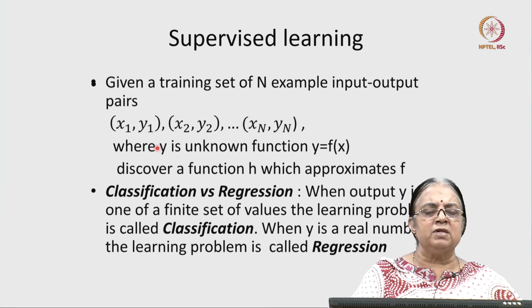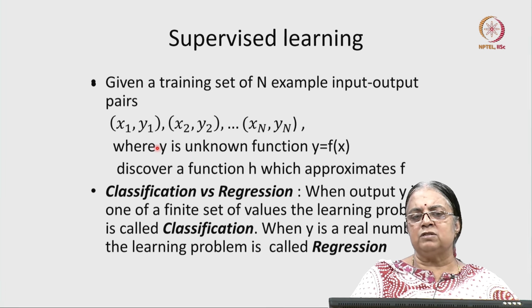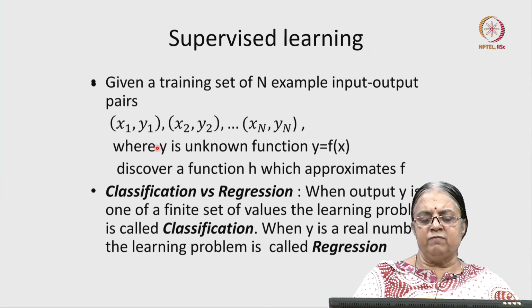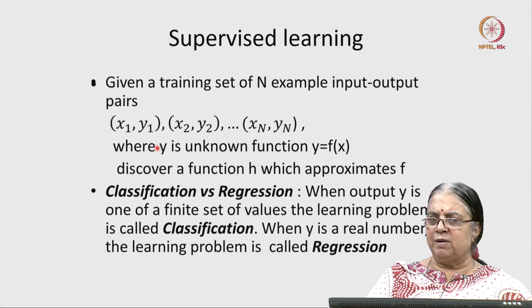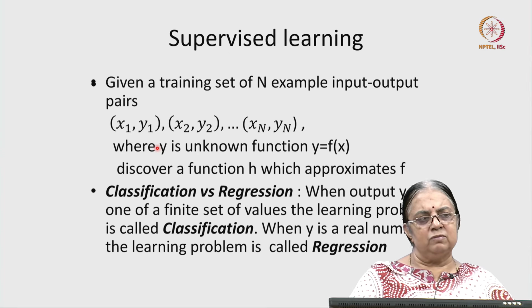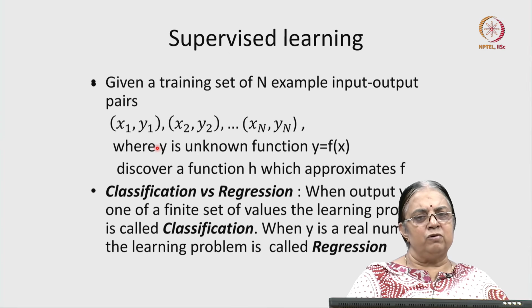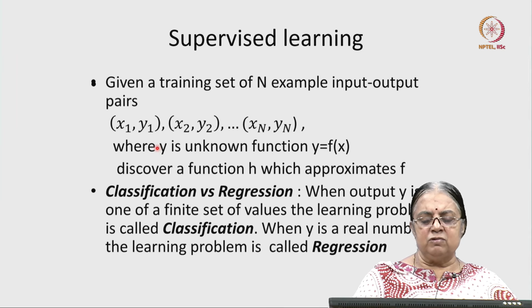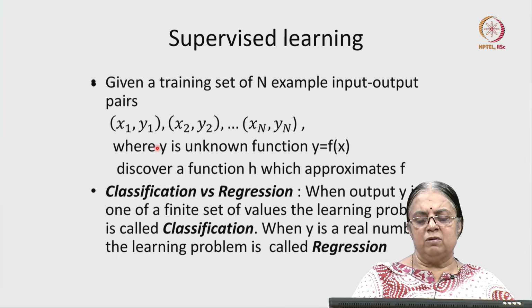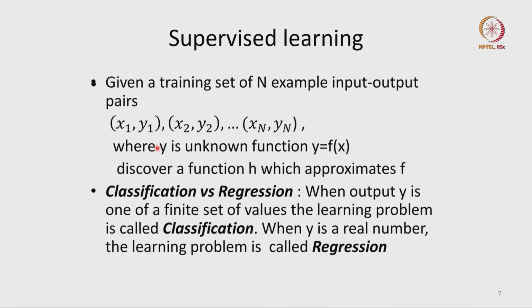For example, you can say you have 3 classes, class 1, class 2, class 3. So, you have a finite set of discrete values over here. That type of learning is what is called classification. But if y is a real number, maybe it is some temperature or BP or whatever, then the learning problem is called a regression problem.